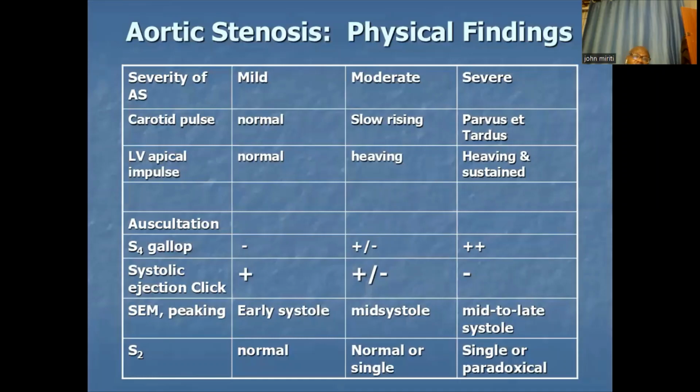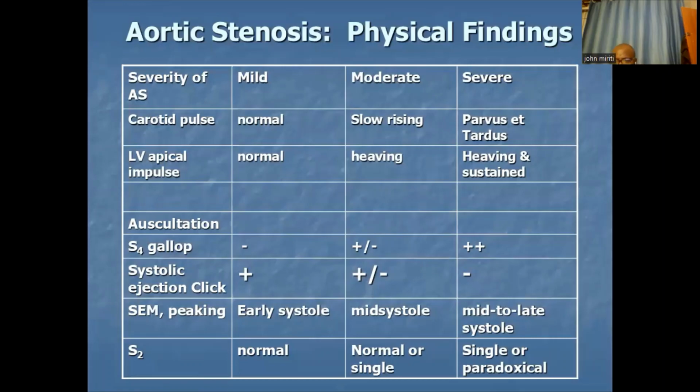The murmur peaks early systolic in mild, mid systolic in moderate, and late systolic in severe. The second heart sound is normal in mild cases, normal or single in moderate, and single or paradoxically split in severe cases.